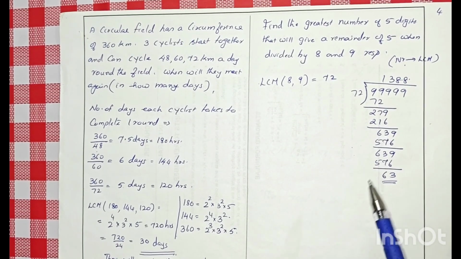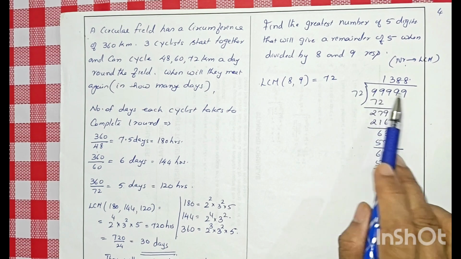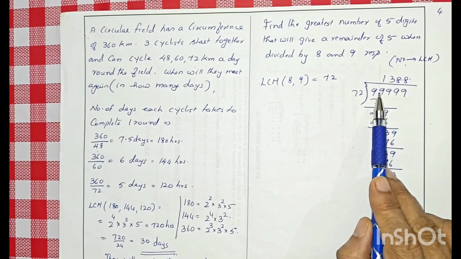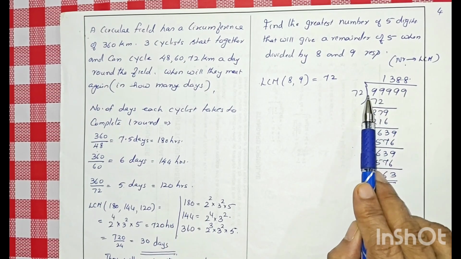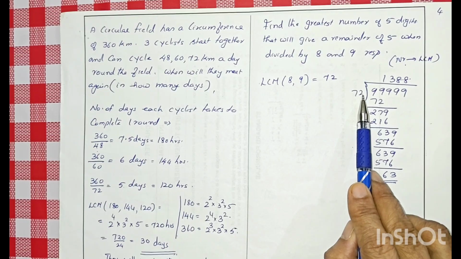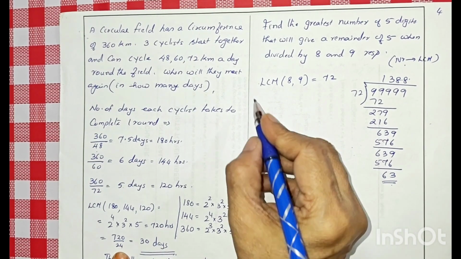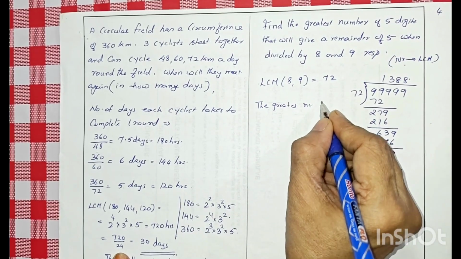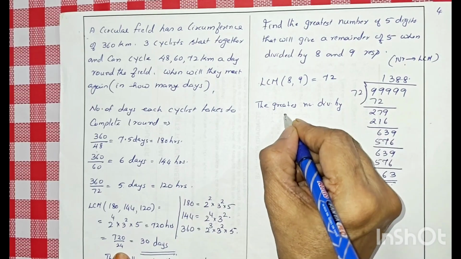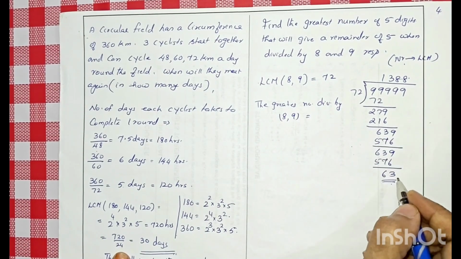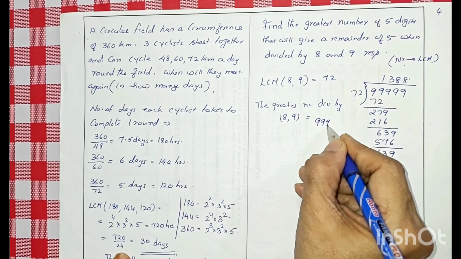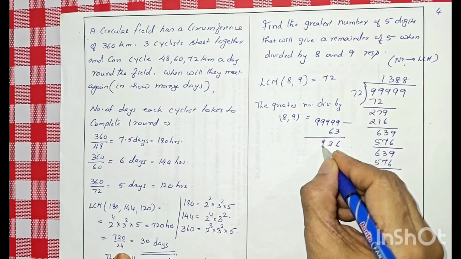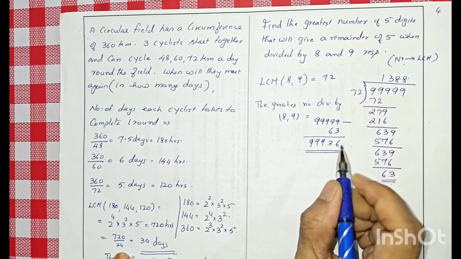So as I told earlier, this number 99999 is not completely divisible by 72. You are getting a remainder of 63. So the greatest number divisible by 8 and 9 will be equal to, you have to subtract 63 from this. But this is not what you need.